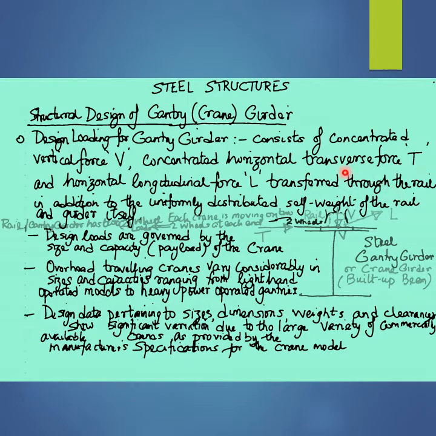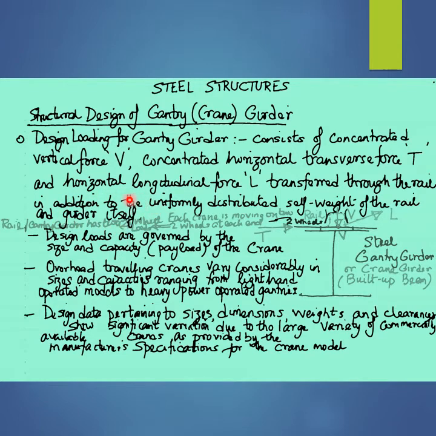And three, rather fourth design load that needs to be considered for the structural design of steel gantry or steel crane girders, in addition to the three special loads that are characteristic of gantry or crane girders, is the uniformly distributed self-weight of the rail and the gantry or the crane girder itself.